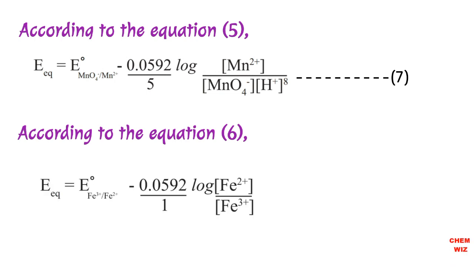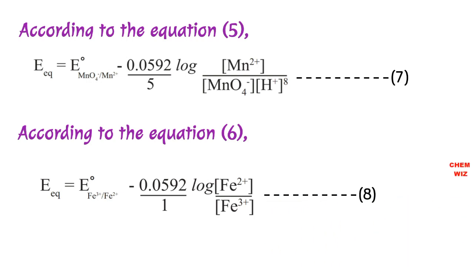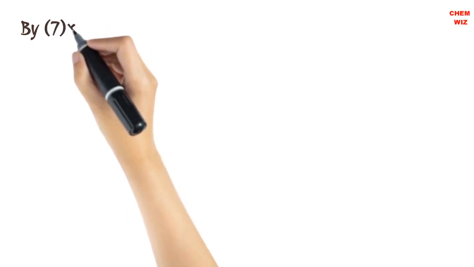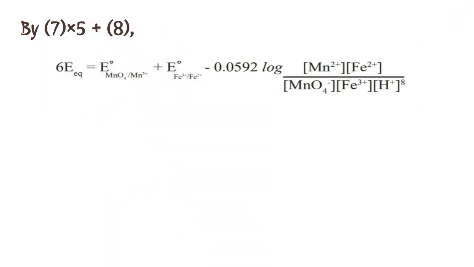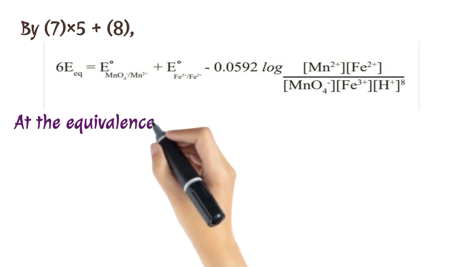Also, the equivalence potential, E_EQ, for iron can be written as in equation 8. By adding equation 7, which is multiplied by 5, and equation 8, we can find the value of the equivalence point potential of the reaction.